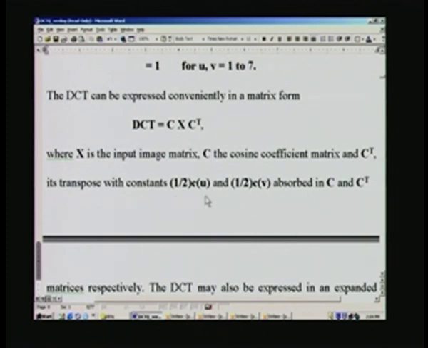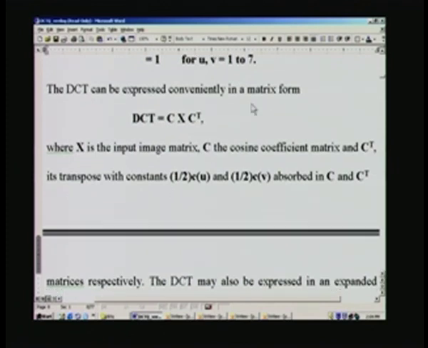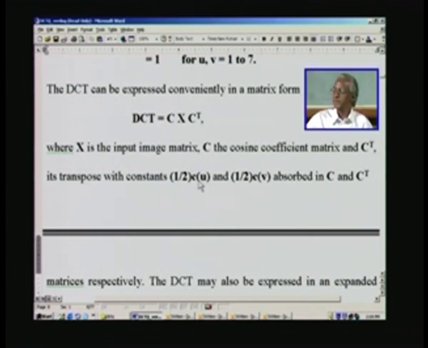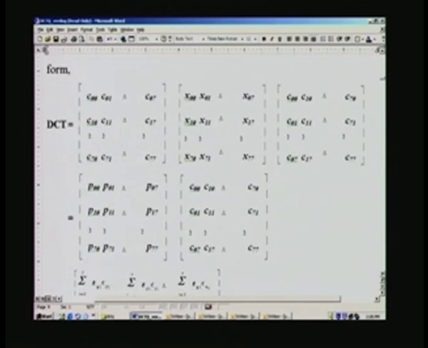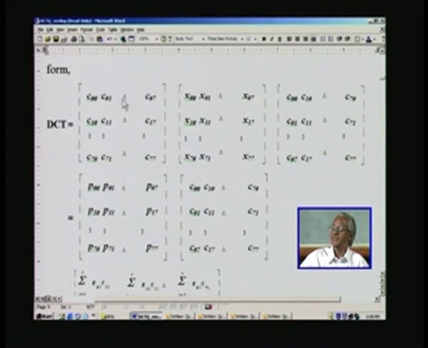This has been absorbed in C, and the other portion, half C(v), has been absorbed in C transpose here. This can be expanded so as to get an understanding. There were dots here, unfortunately it has got changed, just ignore this.